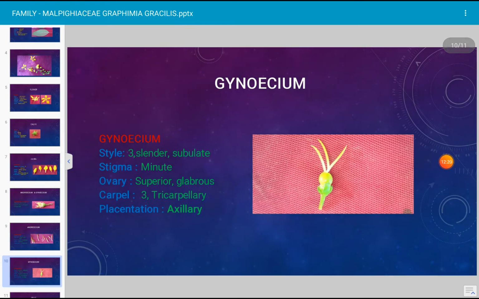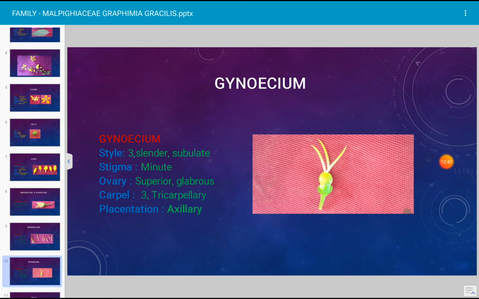this is a gynoecium. Gynoecium is the female part of the flower, and it is the gynoecium of Grewia gracilis. Gynoecium consists of ovary, style and stigma. Ovary is at the basal region, then style is there.